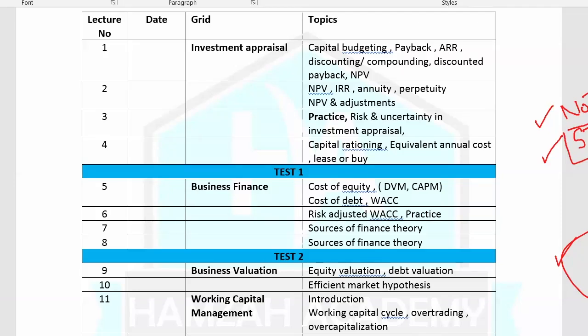So these will be our study resources which we will be using to learn the topics of financial management.